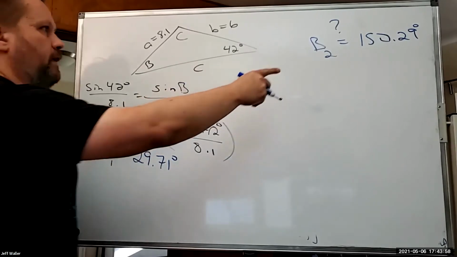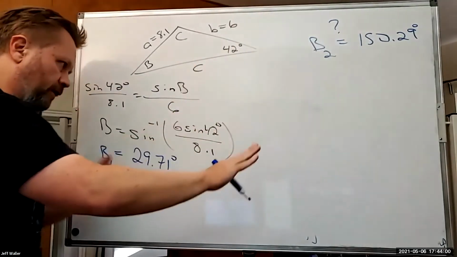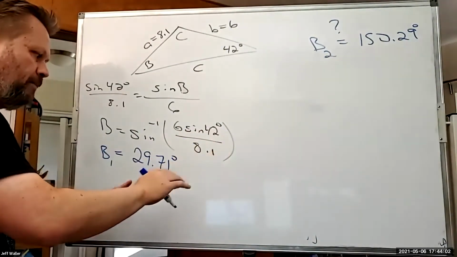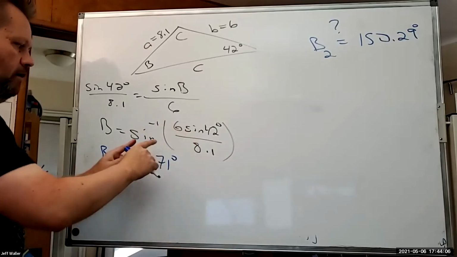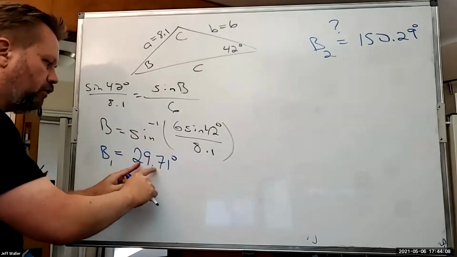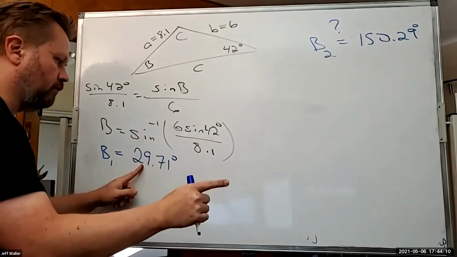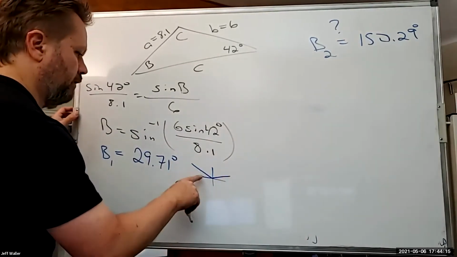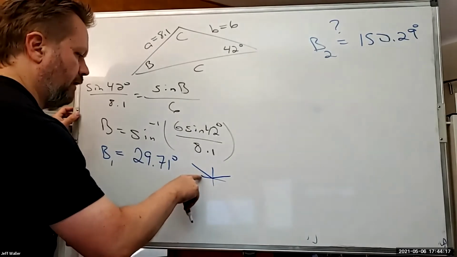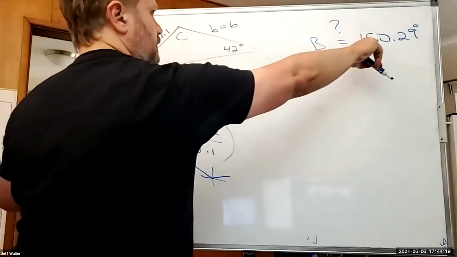Because the two angles you already have would be greater than 180. Inverse sine could give me a reference angle. So if this is here, the other possibility is there, 180 minus this is that.